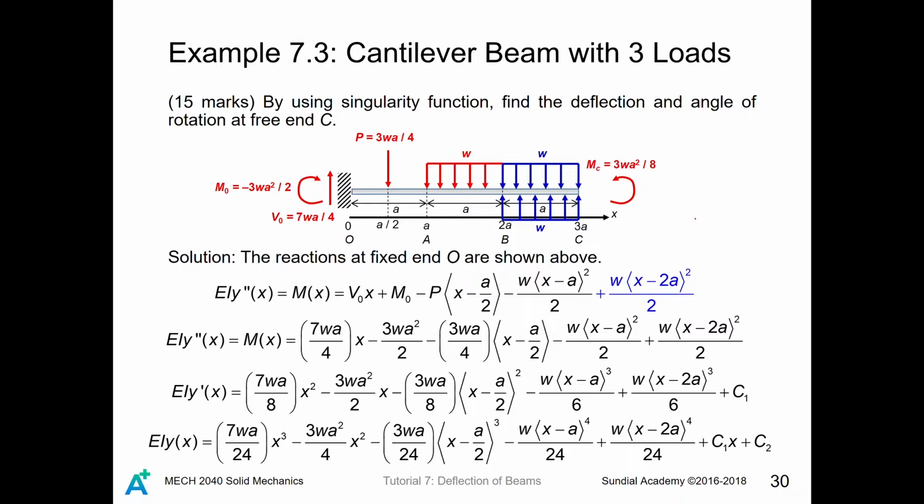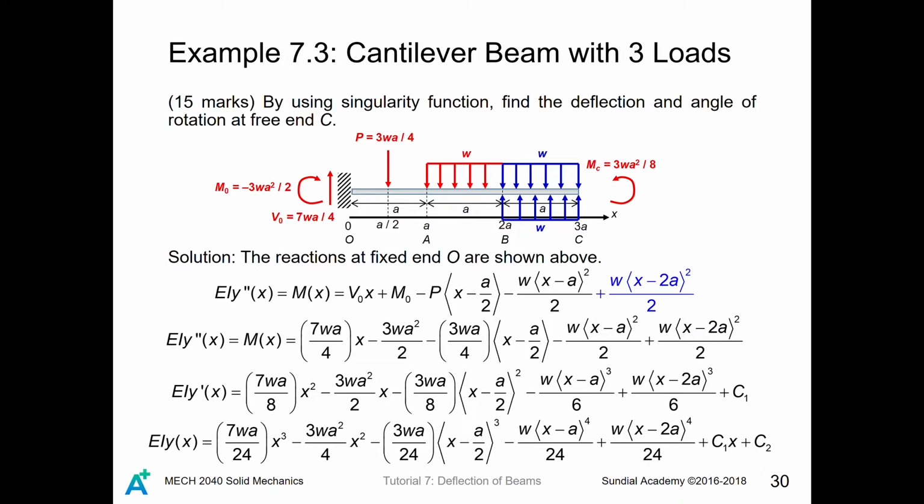That is, for x minus a, with x greater than a, once the function starts working, it will work forever. But in this problem we only have a distributed load in the middle, so this might bring us some challenge in applying singularity functions. Anyway, let's start working segment by segment on this cantilever beam.